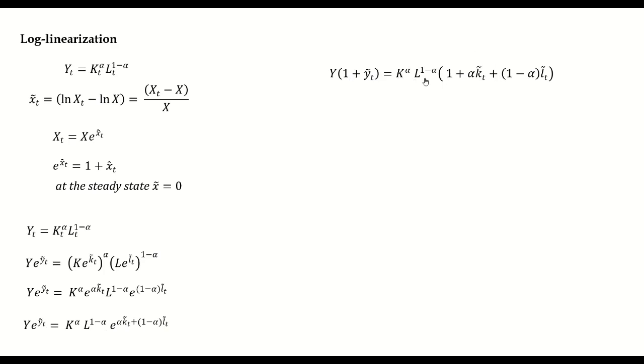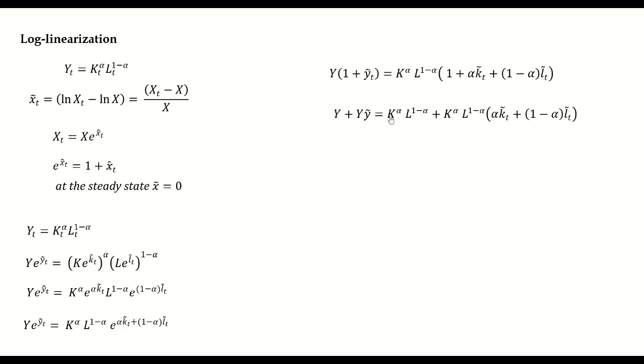After we reach this expression, the next thing we have to do is apply the steady state condition. The steady state condition is that at the steady state, those deviations from the equilibrium value would be equal to 0, or these tilde terms would be equal to 0.